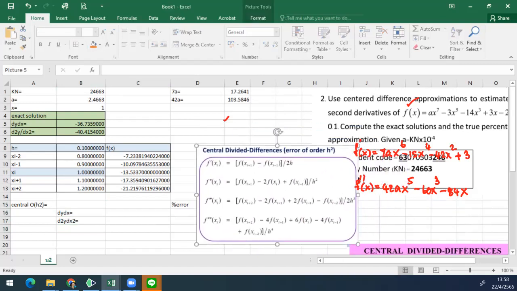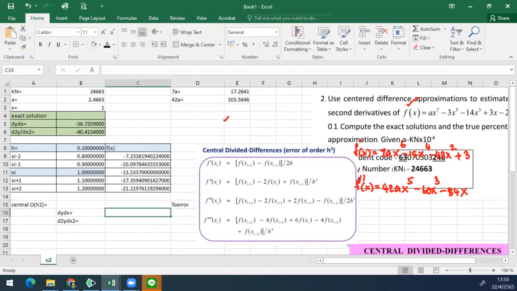Okay, for this case first, the formula is what? The formula is f(xi plus 1) minus f(xi minus 1), divided by 2h. Okay, so we have the solution like this, for the case that we use h equal to 0.1.